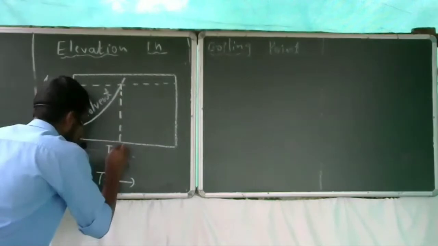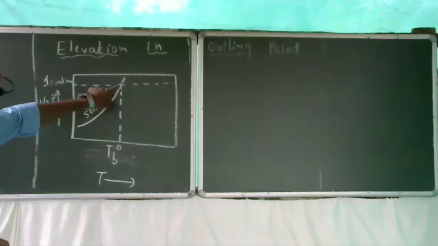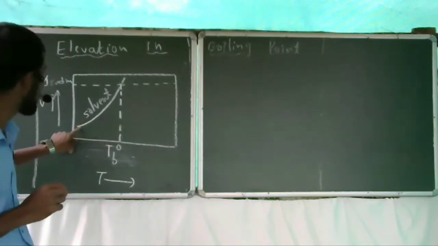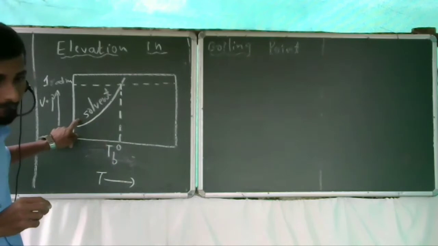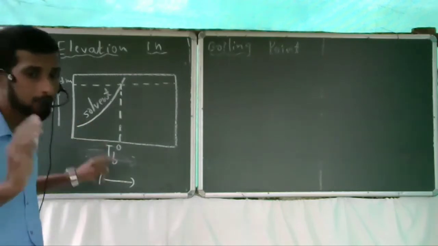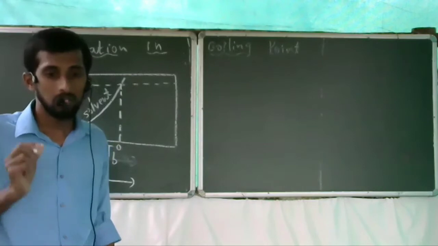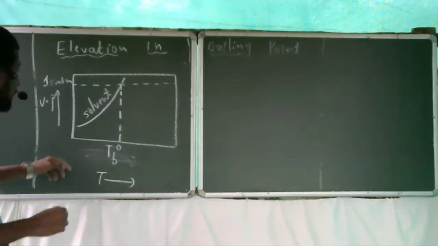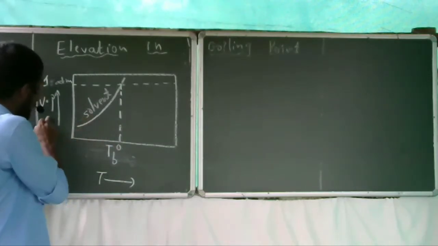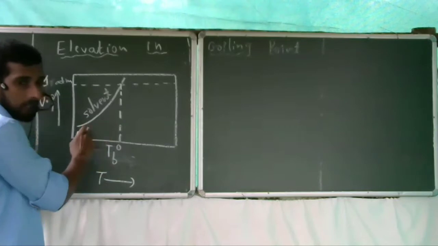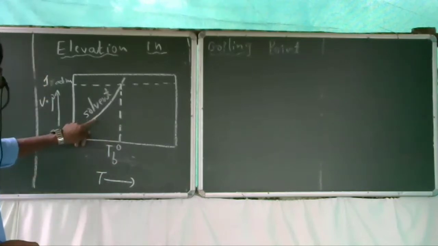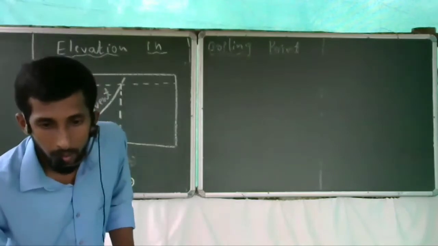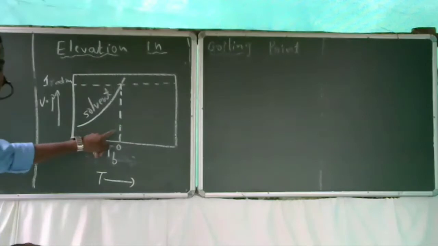Imagine this is the vapor pressure versus temperature curve for the pure solvent. Then add a non-volatile solid to the pure solvent. When adding a non-volatile solid, vapor pressure decreases, so that curve of vapor pressure versus temperature is below the curve for the pure solvent, because the vapor pressure of the solvent is higher than that of the solution.